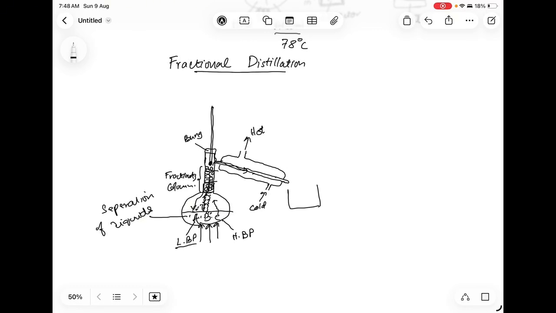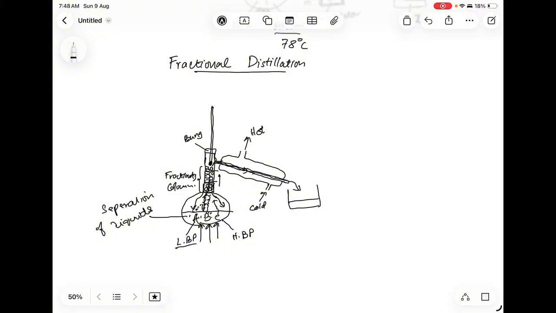Same is going to happen with C, because its boiling point has not yet been reached. As you move up the fractionating column, the temperature drops, and so the molecules of C drop as well. So we are only going to get the molecules of A delivered right through this, and they'll be collected here.